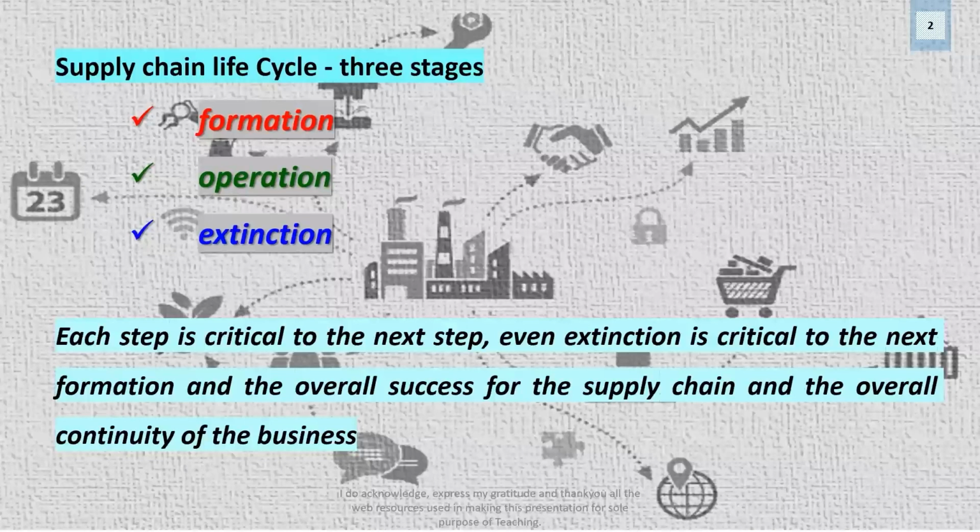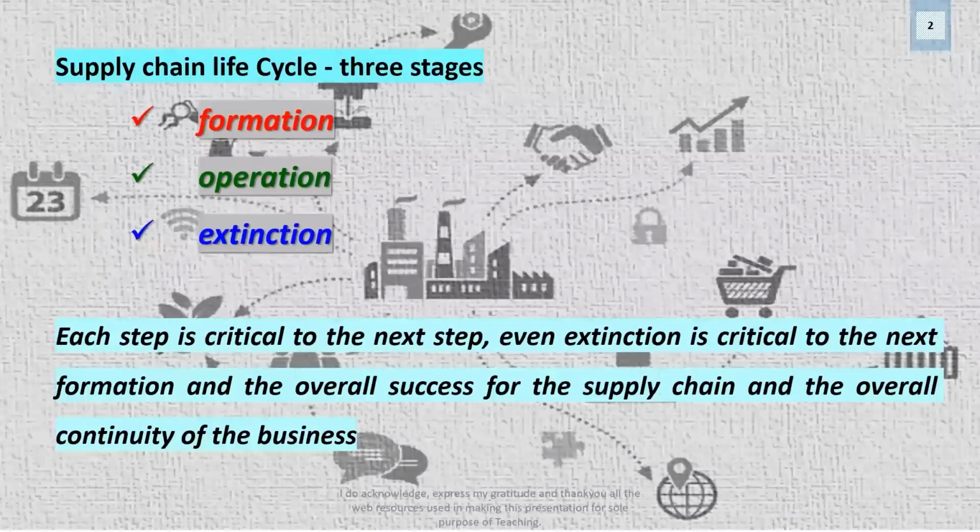supply chain helps you to be in business for a long duration. And when I say business for a long duration, it means your business is sustainable. You may keep changing your products, your deliveries, your services, but you remain in business. Your business model is sustainable.